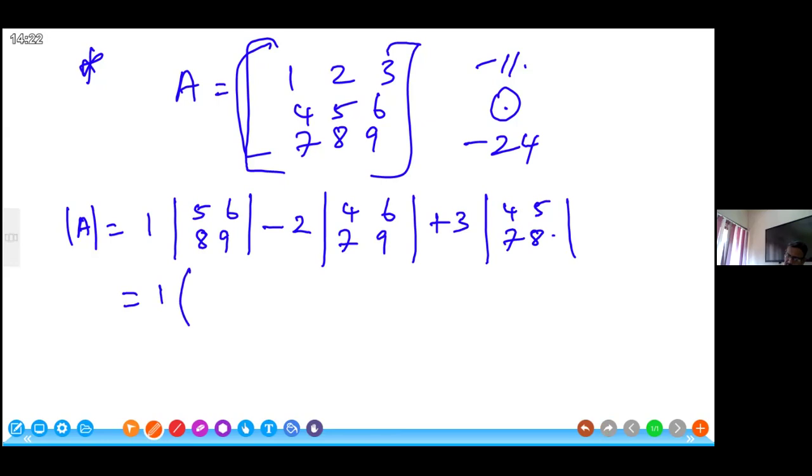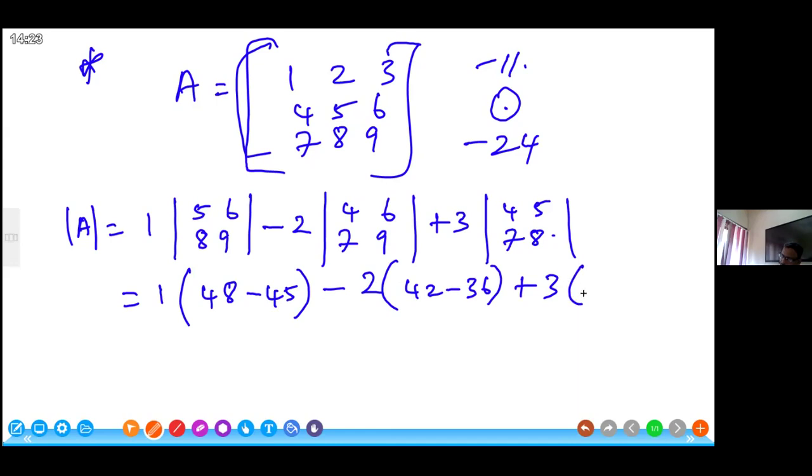That is equal to 1 into 48 minus 45, minus 2 into 42 minus 36, plus 3 into 35 minus 32.